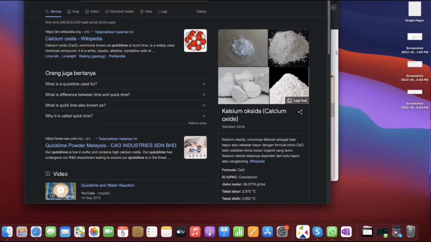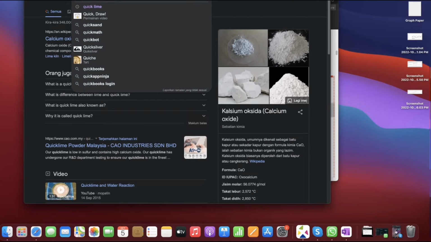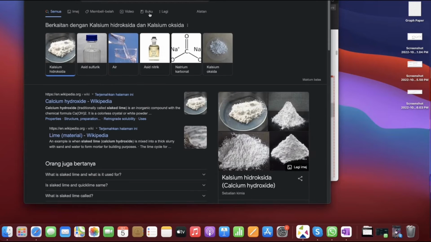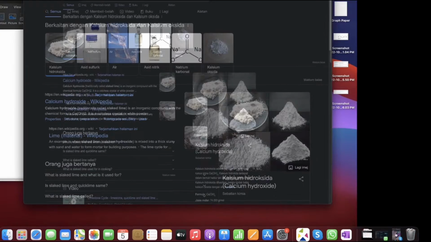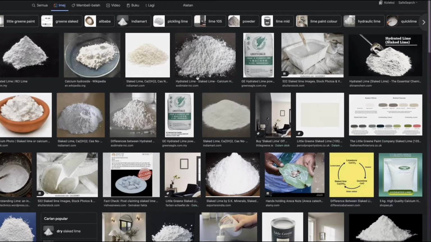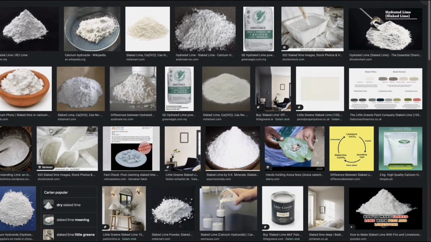Compared to slaked lime, you see here, you add a bit of water to it, so something like this. It looks sticky, like flour that has had water added already. So maybe this one.